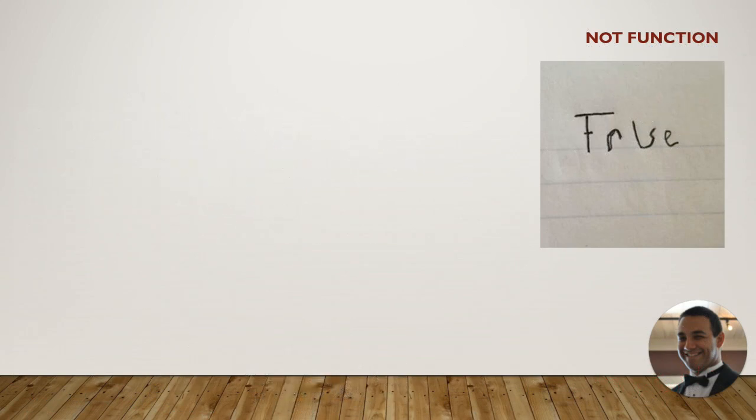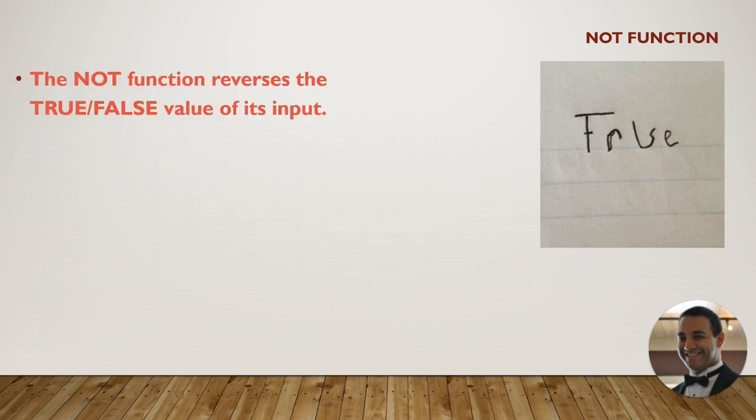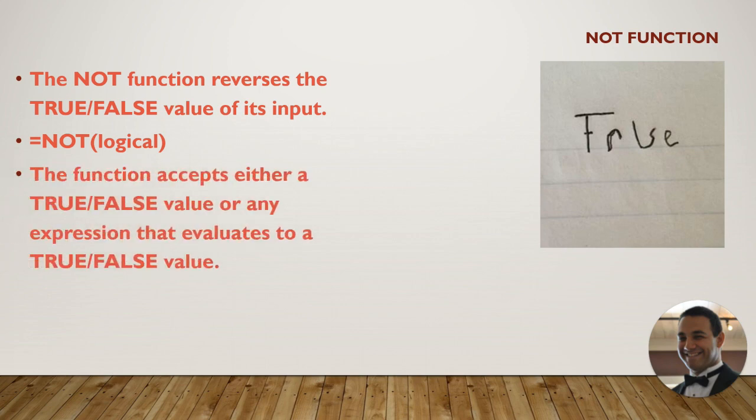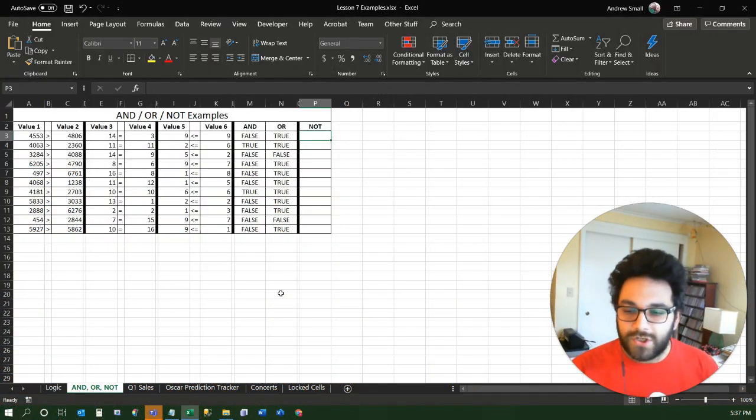The NOT function reverses the true-false value of its input. The syntax is NOT(logical). The function accepts either a true-false value or any expression that would evaluate to a true-false value. The NOT function just reverses whichever true-false value is input into it.